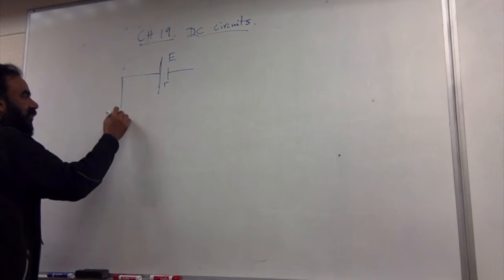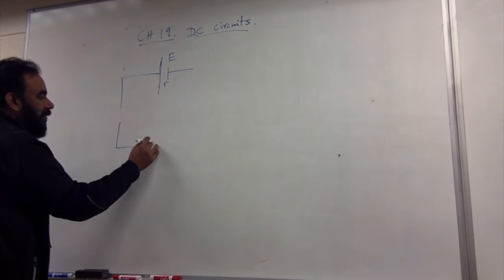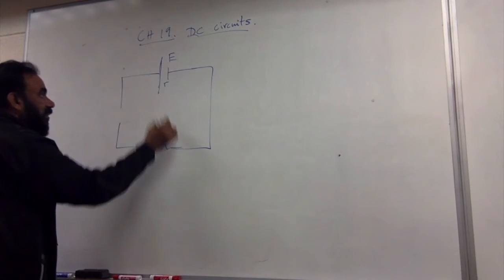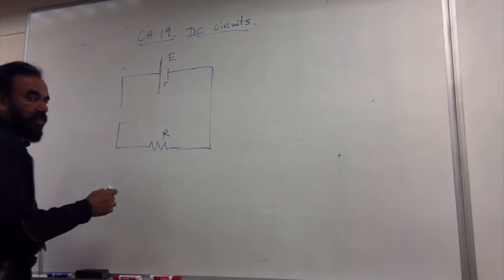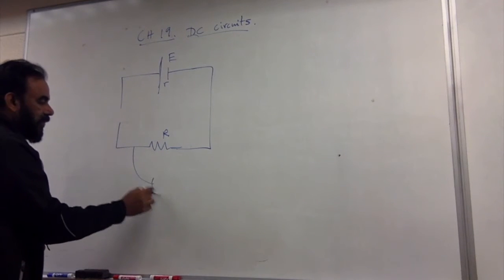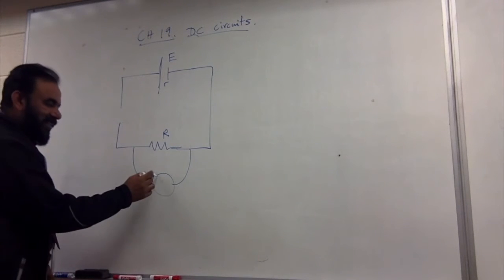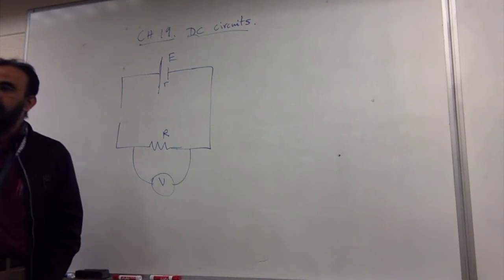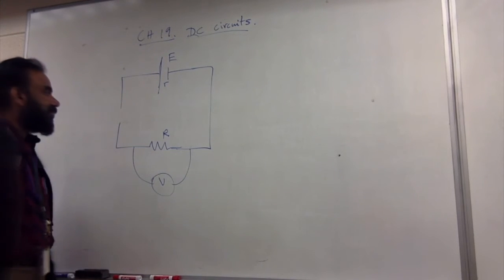So suppose you want to investigate this cell whose EMF is E and internal resistance is r. This is a circuit that you can use. We have an external resistance R here and an internal resistance r there. To measure the external drop, you need a voltmeter. It's going to read the external drop.